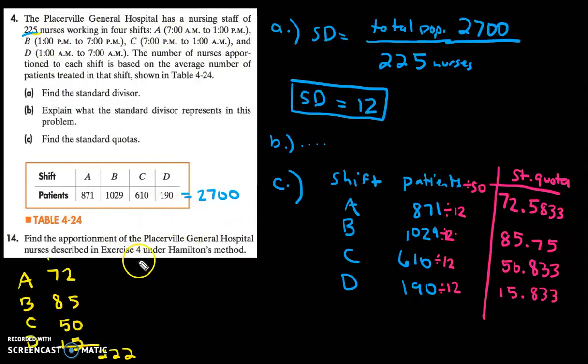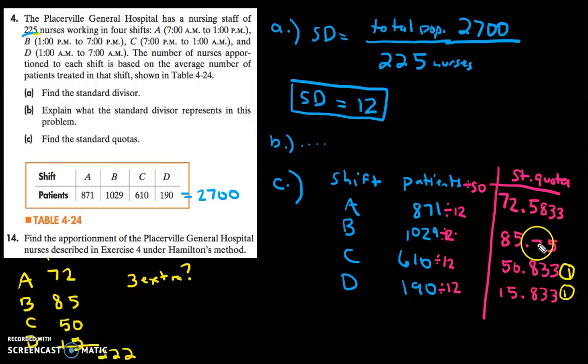So what Hamilton's method is doing is deciding what to do with the 3 extra. Who should get the extra nurses? We'll come over here and say who was the closest to getting an extra nurse to begin with. If I look at their decimals, 0.83 and the other 0.83 repeating, they were kind of tied for first on rounding up.